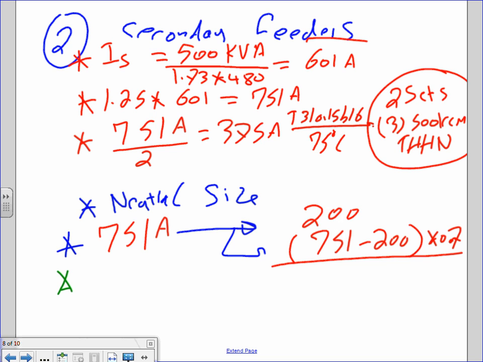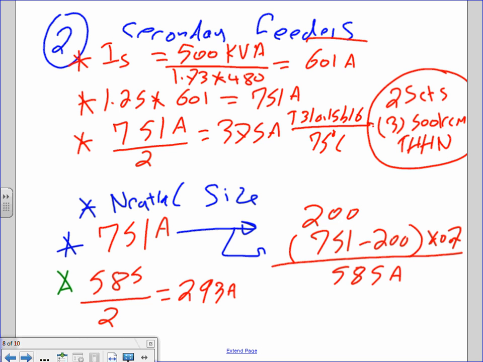And when you do this math, you will end up with 585 amps. Then you take the 585 amps and cut them by 2 again, because we parallel. So that will give you 293 amps.